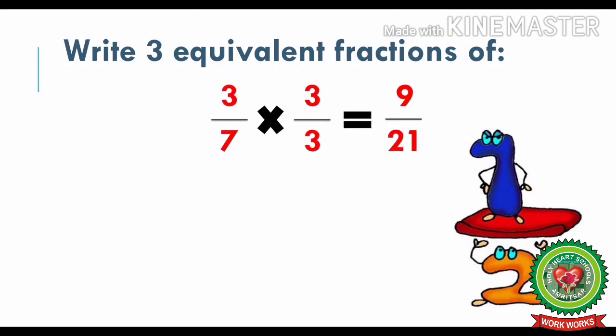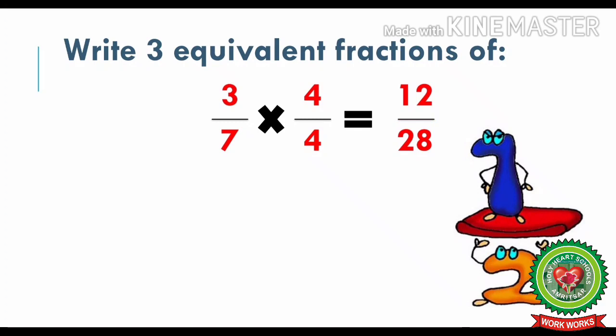Then we will multiply the fraction 3 upon 7 by 3 upon 3 to get the next equivalent fraction. That is 3 3s are 9 and 7 3s are 21. So next equivalent fraction is 9 upon 21. And to get the third equivalent fraction, we will multiply 3 upon 7 by 4 upon 4.